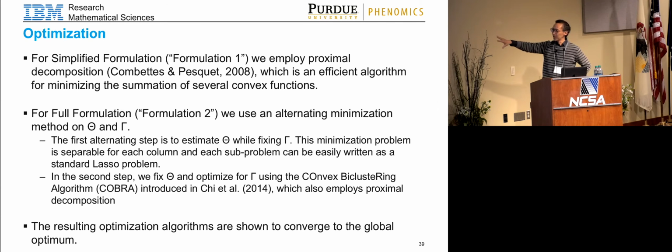For formulation 2, we needed to develop our own algorithm, which is an iterative algorithm that estimates theta while you fix the gammas, and then you cluster the gammas, and then you go back and forth for fixed theta. And the theoretical breakthrough is that both of these algorithms have been shown to converge to the global optimum. So there's a theoretical guarantee that this works as well.